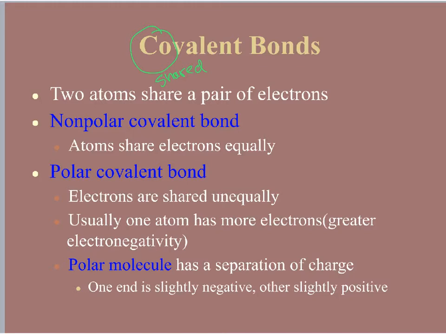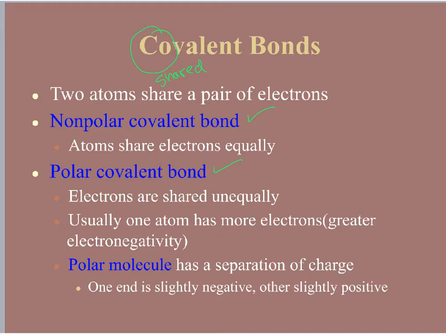And there are two types of covalent bonds. Non-polar covalent and polar covalent. So I'm going to give you examples of these real quick, but let me just give you a definition. A non-polar covalent bond is created between atoms that share electrons equally.